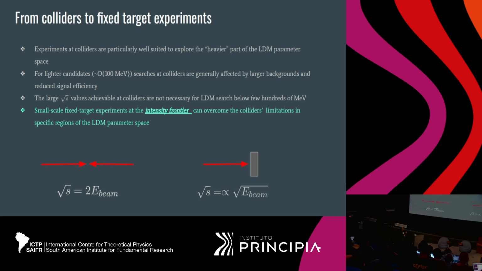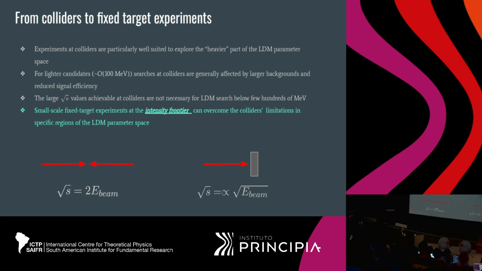That is to say, the energy in the center of mass that a collider can achieve is very large. This is due to the fact that if you have two beams colliding with each energy E_beam, the total energy available in the center of mass is obviously 2 times the energy of the beam.